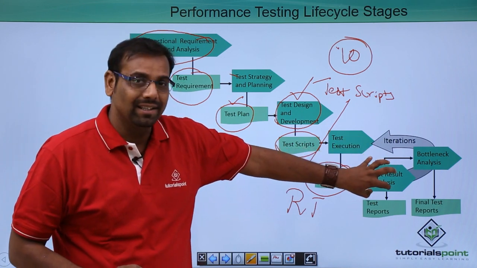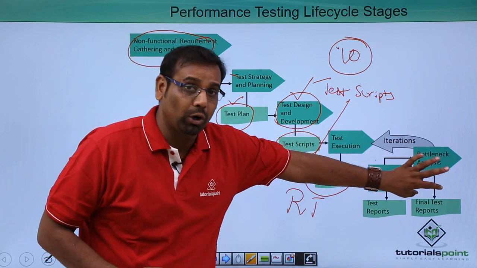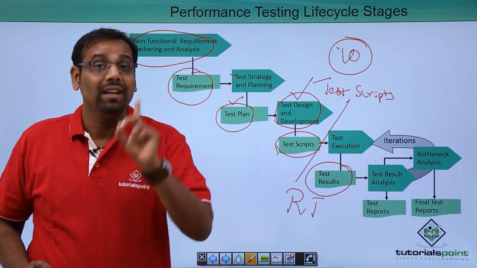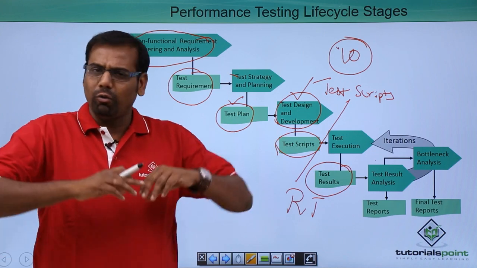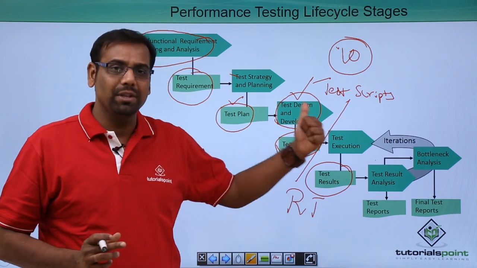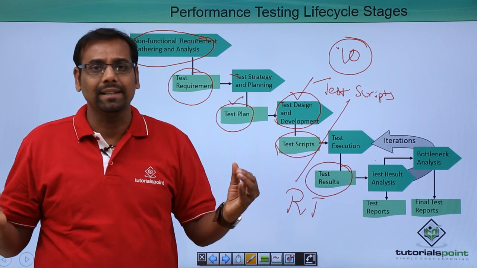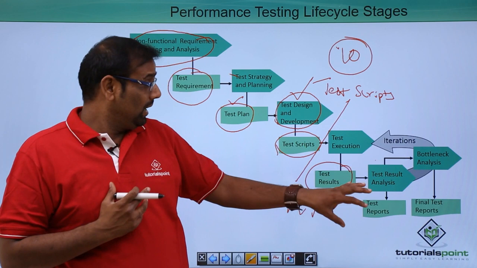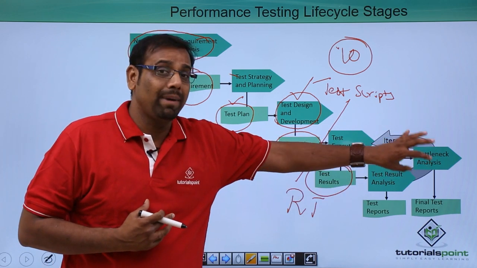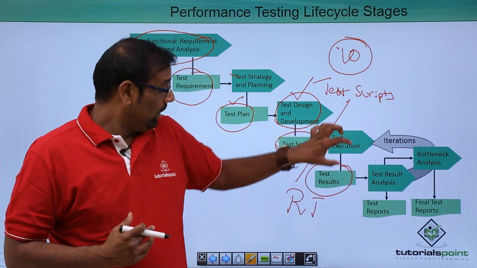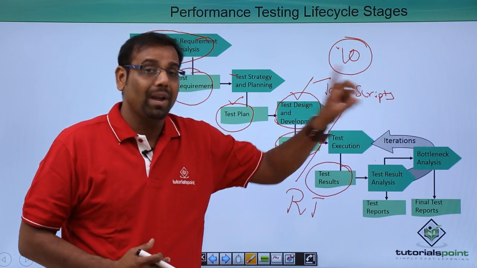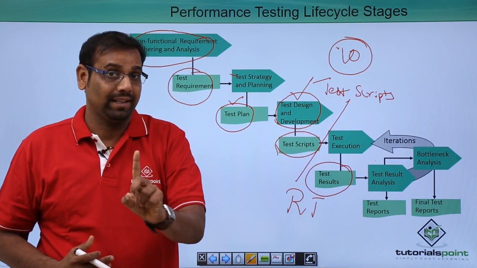You do the analysis, you try to identify the bottleneck. What is a bottleneck? The issues which are causing the slowness. For whatever reasons the response times are high, or the performance of the application is bad, those issues we call bottlenecks. So you take the results, do the analysis for those bottlenecks and fix them.